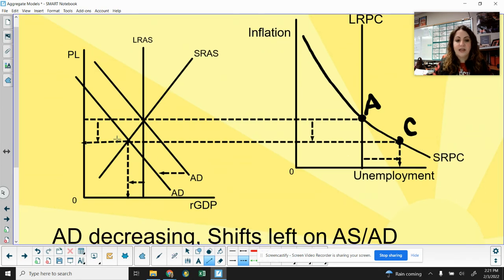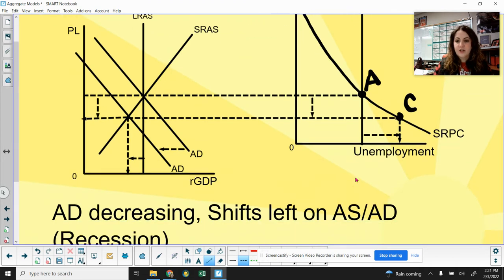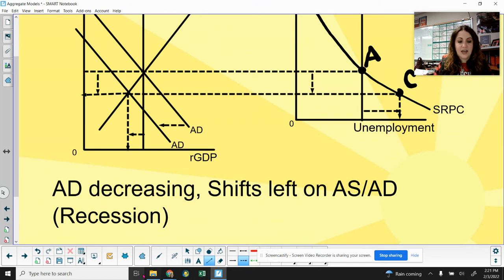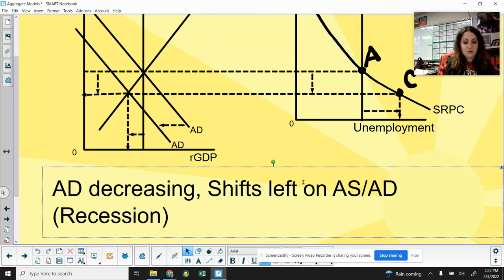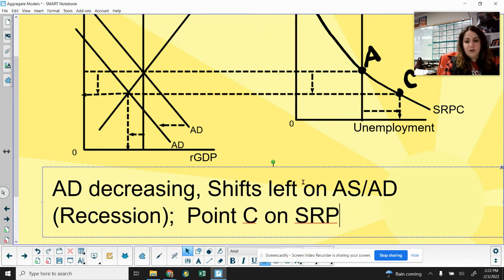So a leftward shift of aggregate demand will create a downwards movement on the short run Phillips curve. Point C on the short run Phillips curve is a recession.